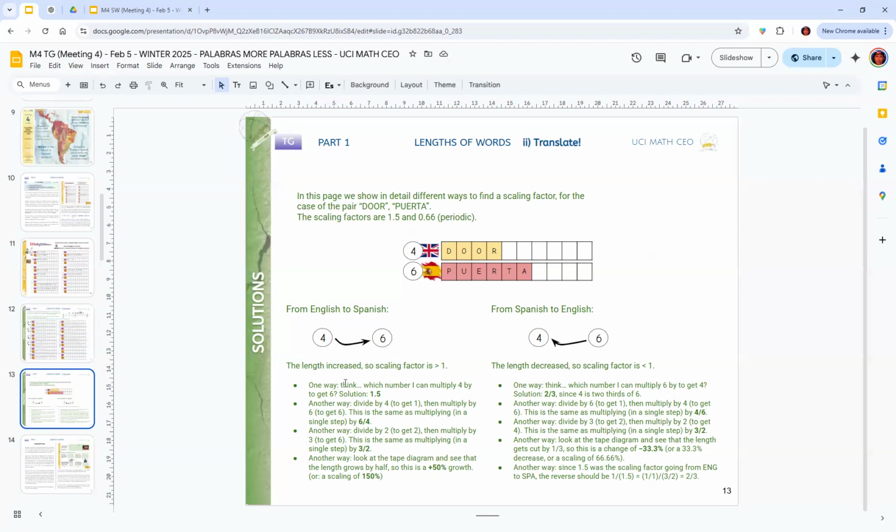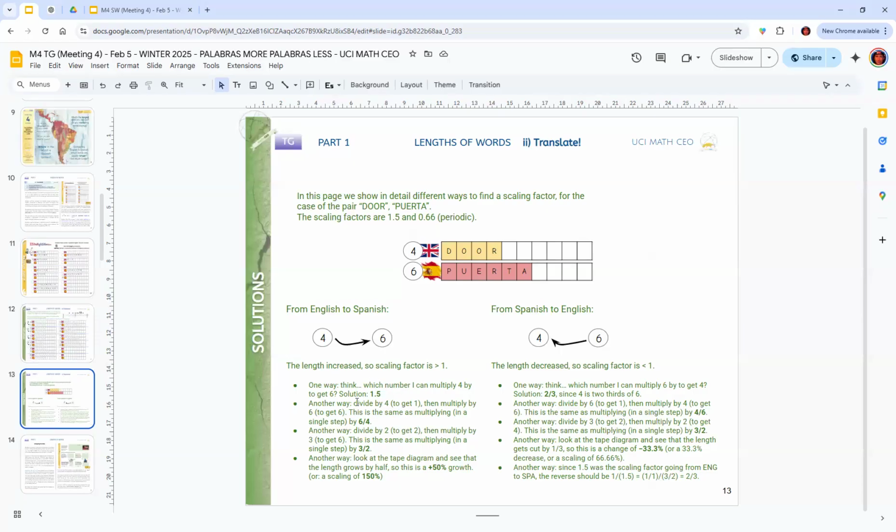The first way to think would be just which number I can multiply 4 by to get to 6. And students could just say 1.5. It works, right? If I multiply 4 by 1.5, it's 4 plus a half, so 4 plus 2, so 6. So it's not doubling, but it's growing by 50%, kind of in the middle.